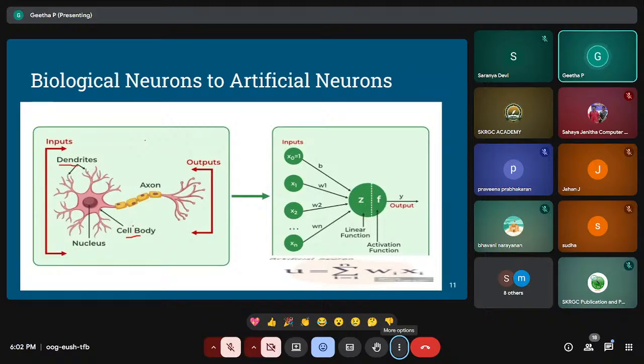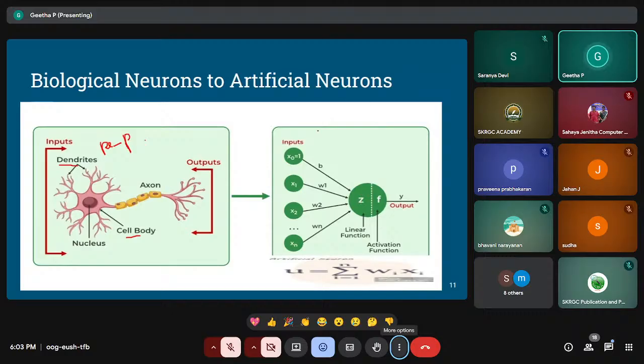The impulse travels down the axon and passes through synapses to reach the dendrites of the next neurons. So the process can be summarized: receive, process, and transmit.